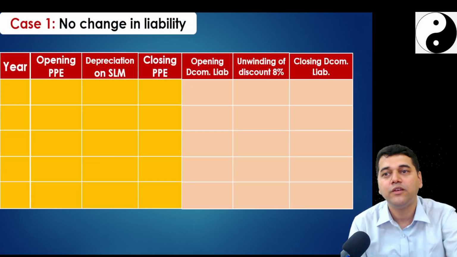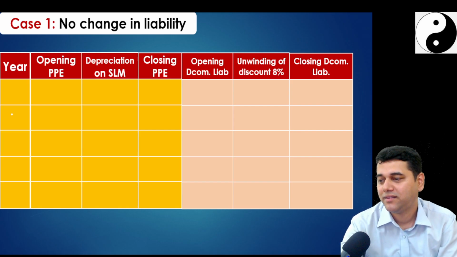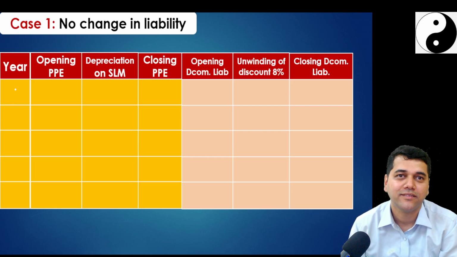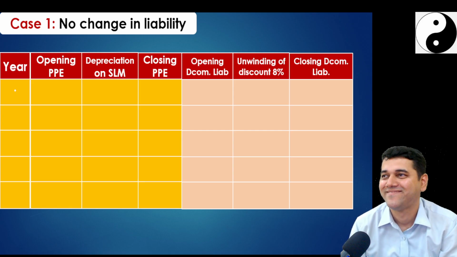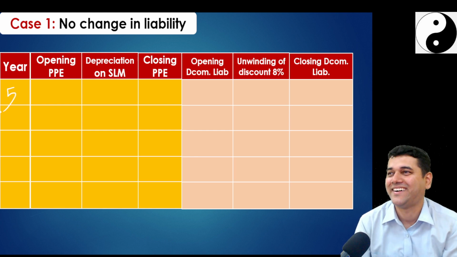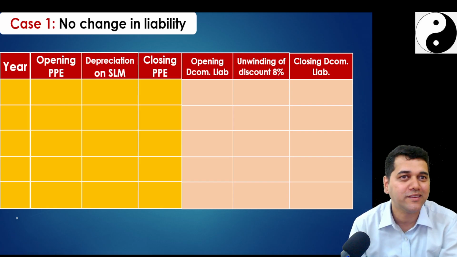Yes, now we will do the new case 2. Very simple. Which year is it? So it will be very important. Year 5. Very important, because already we know how many years have happened and which values we have taken.